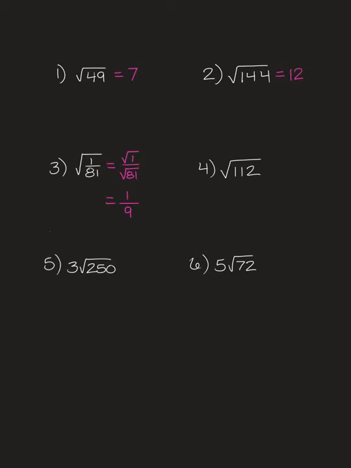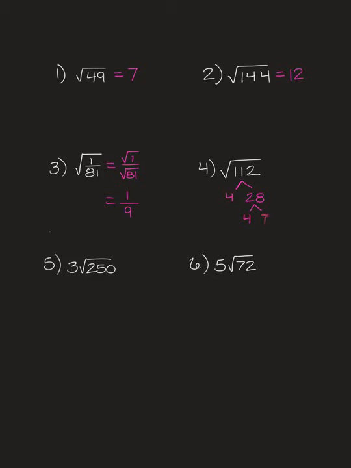Now let's look at whenever we don't have perfect squares. So let's take the square root of 112. We are going to break this down into factors. So two numbers that will multiply to 112. I know that 4 and 28. Okay, so 28, I can break that down even more into 4 and 7.